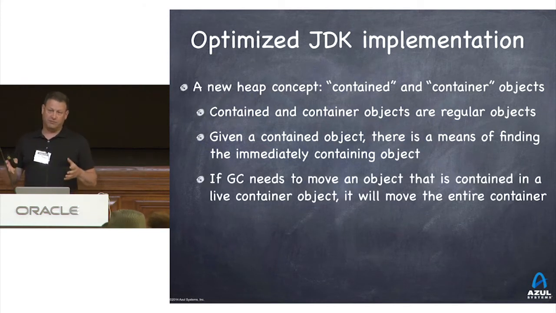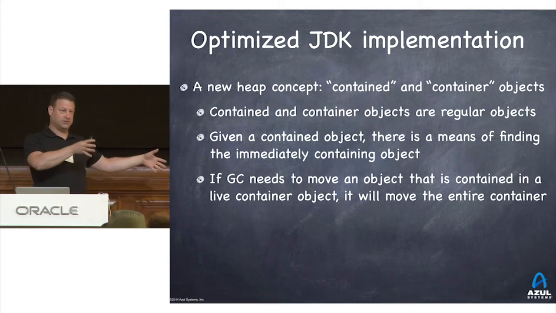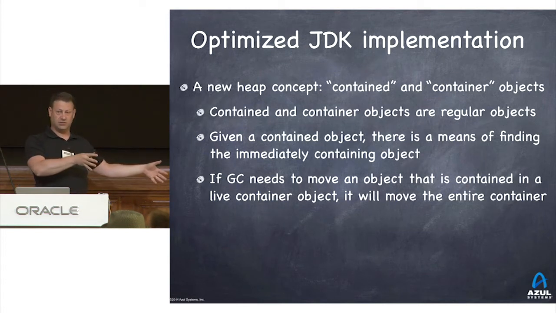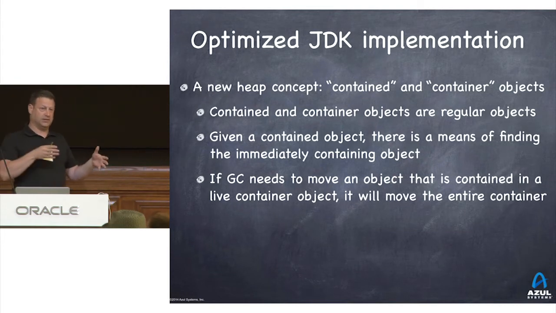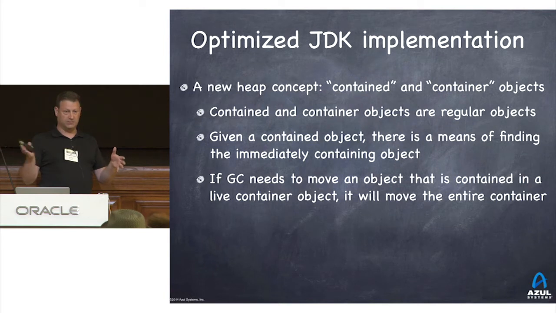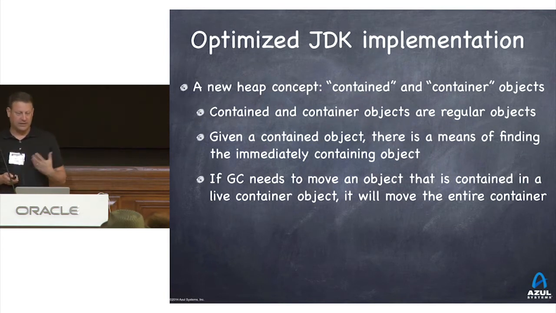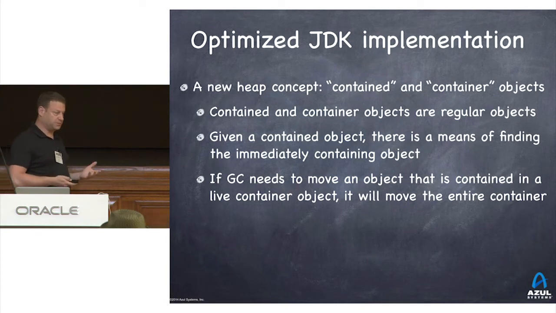If the GC ever moves an object, if it ever reaches a contained object and it needs to move it, it's supposed to take the entire container with it. Because the basic assumption in an optimized implementation is that this thing stays flat anywhere it goes and that it's valid to do dead reckoning into it. And the layout will stay ordered the same way. That's the main thing that an optimized implementation needs to do from a layout perspective.